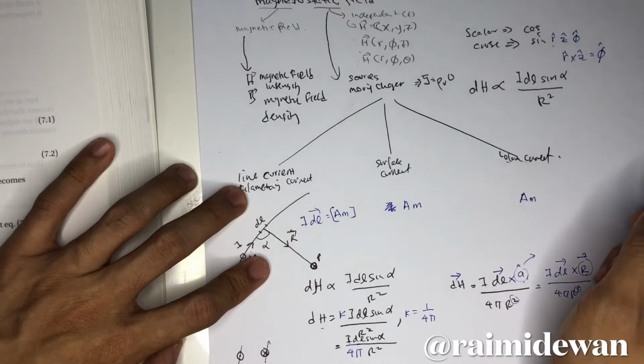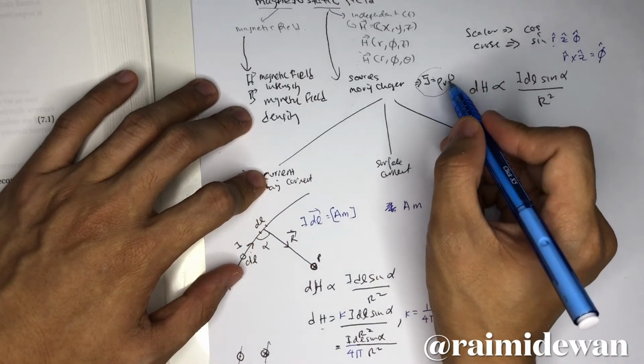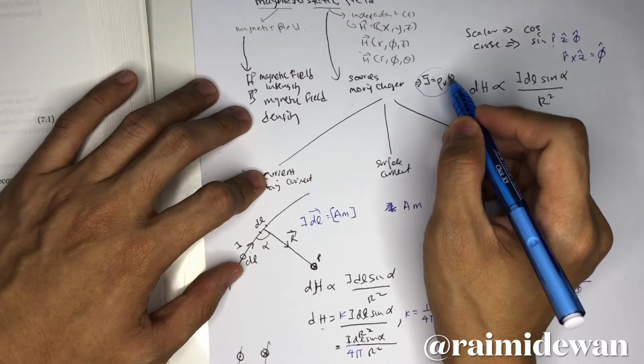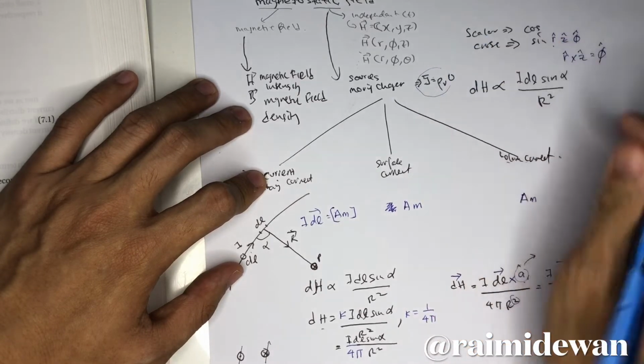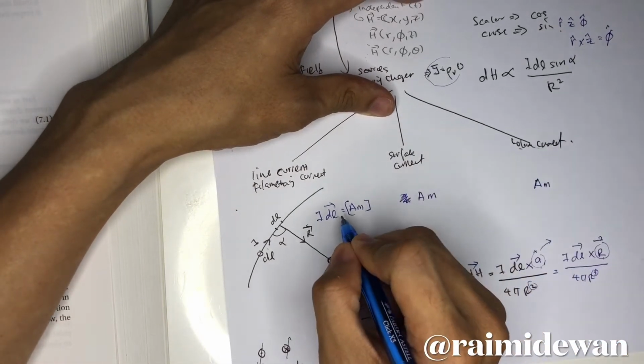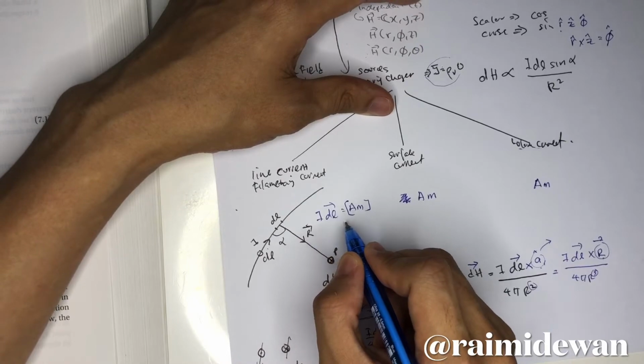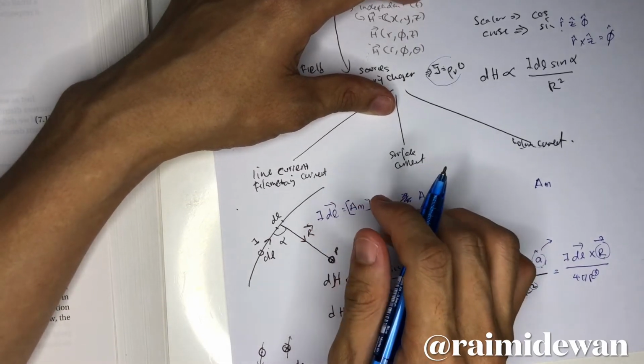Second, volume current, you also have A per meter square. Now let us see from this equation, the one that we have here. For the IDL, you have ampere meter. There is no issue about this. How about the surface current?